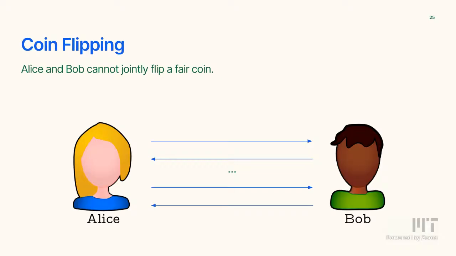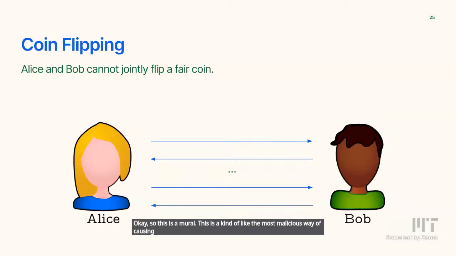So I won't let the protocol complete unless I get what I want and I leave. Okay, so this is the most malicious way of causing this thing to be impossible, right?